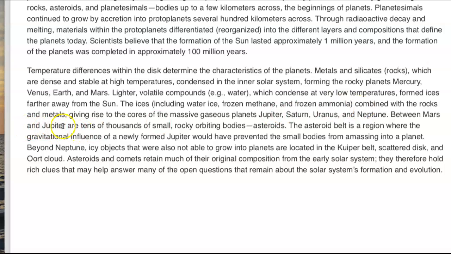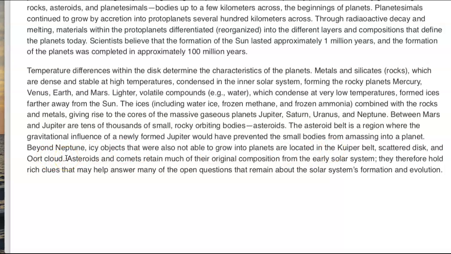Between Mars and Jupiter are tens of thousands of small, rocky orbiting bodies, asteroids. It's the asteroid belt. The asteroid belt is a region where the gravitational influence of a newly formed Jupiter would have prevented the small bodies from amassing into a planet. Beyond Neptune, icy objects that were also not able to grow into planets are located in the Kuiper belt, scattered disk, and Oort clouds.